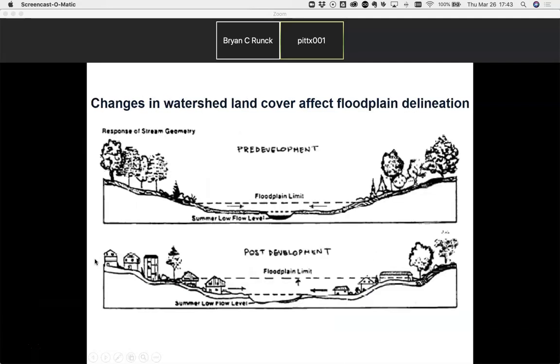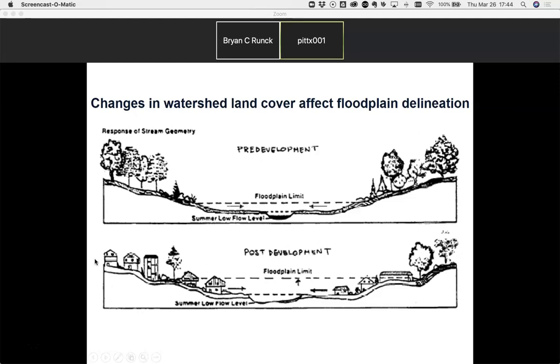We also can talk about not just what's happening within the floodplain itself, but what's happening in the adjacent watershed. And in the undeveloped watershed that we see, we can talk about one particular base flood elevation to define the 10-year or the 100-year floodplain.